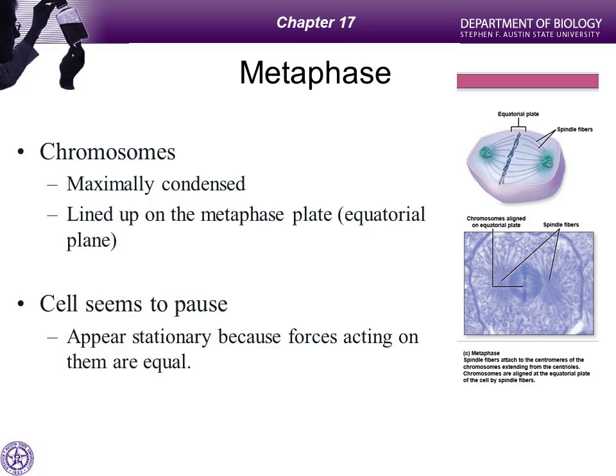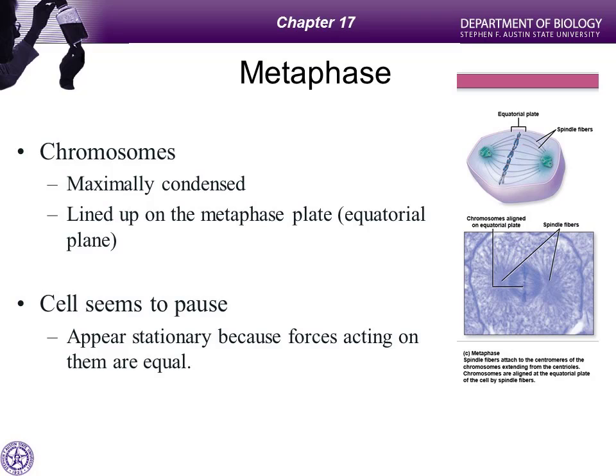And every now and then they'll have a hold on the countdown, and they'll say it's a built-in hold. Those holds are so they can check and make absolutely sure everything is just right. Well, in this case, the pause that happens, the cell is making sure that all 46 are lined up exactly where they need to be before they try to pull them apart. That's the pause. That's the check.